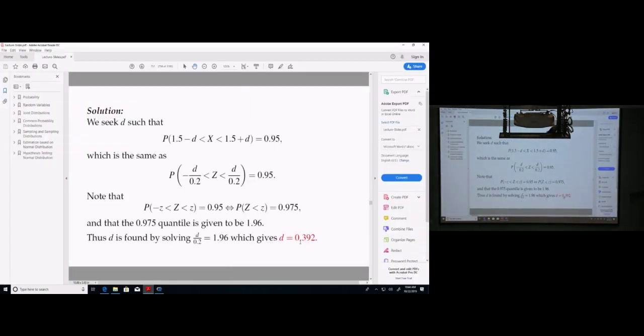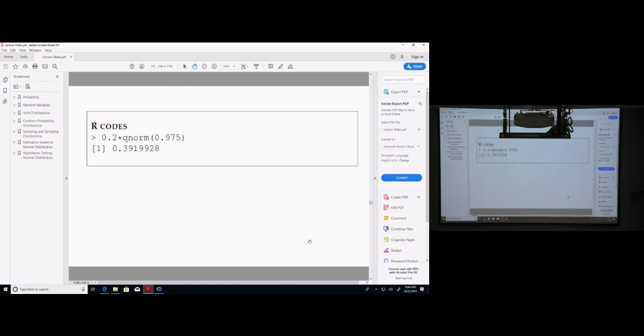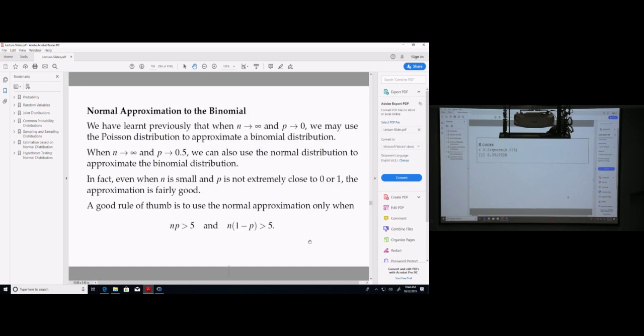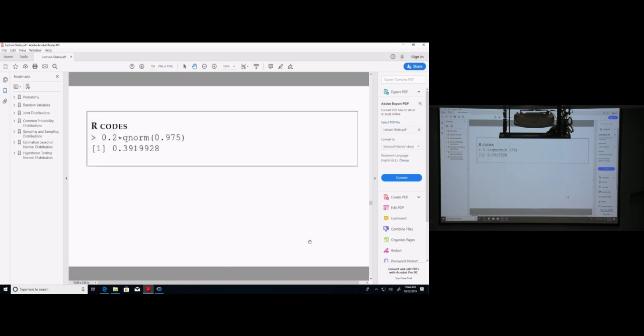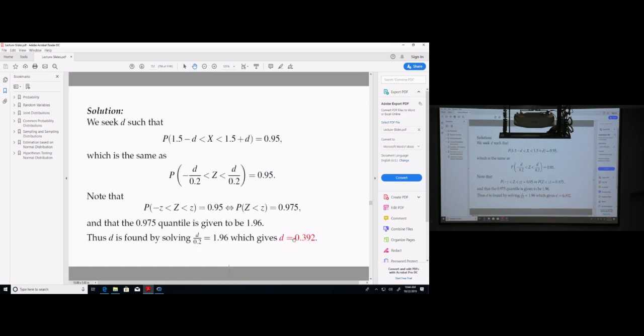And so D can be like this, all right? And so if D is like this, then we will guarantee we have a 95% coverage. So 95% of the gauges produced will meet the standard.